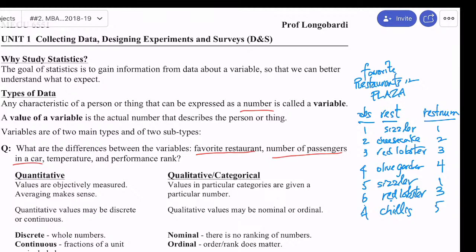The numbering scheme I use is subjective. From person to person or day to day, the numbering is subjective. So for that reason, we refer to favorite restaurant as categorical or qualitative.